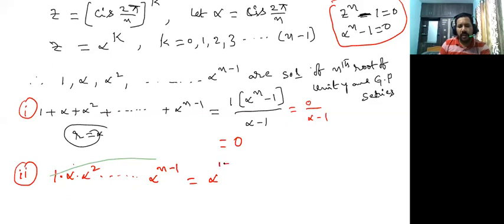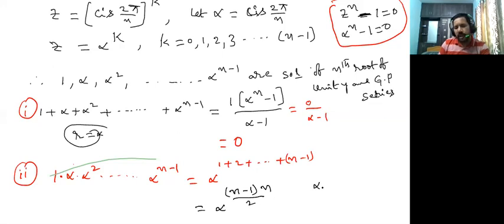Remaining is 1 plus 2 plus 3 plus and so on up to n minus 1. Sum of n minus 1 natural numbers. Sum of n natural numbers formula you know very well: n into n plus 1 by 2. But here it is the sum of n minus 1 natural numbers. We get n minus 1 into n by 2.